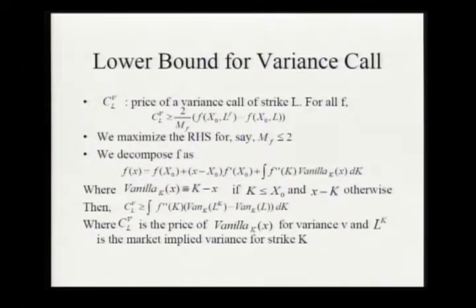Actually, you can show that for all F, we need to have this relationship. And now we are going to look for the F that maximizes this right-hand side. F was a payoff with second derivative less than 2.